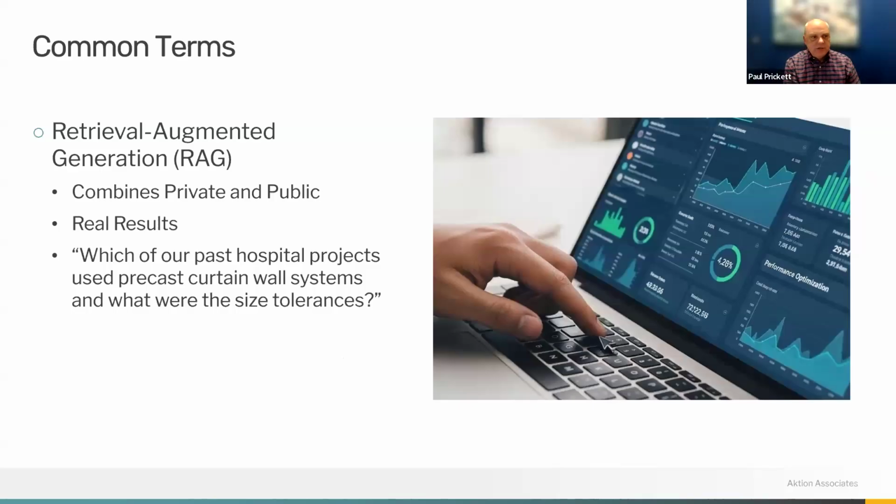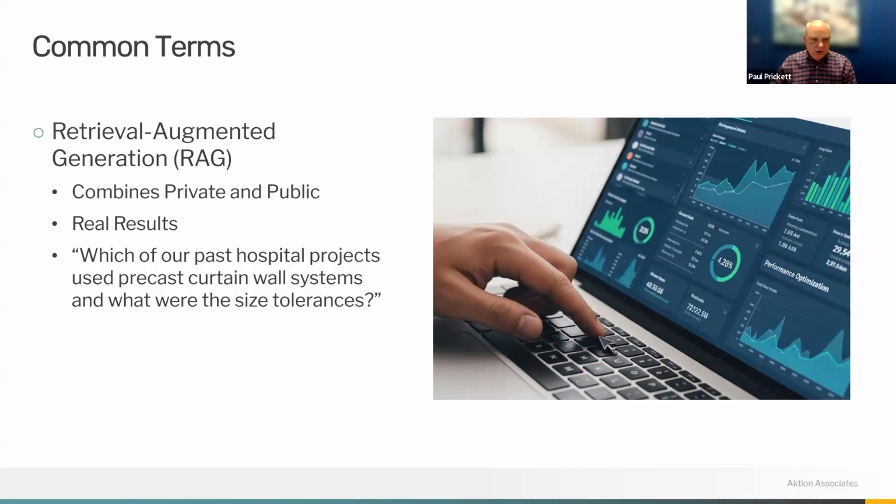Which ties right into RAG, retrieval augmented generation. And actually, this is more often just referred to as RAG. So this is taking that kind of system of taking private systems and then combining them with public data. And this is something that can be used internally, and it produces real results.